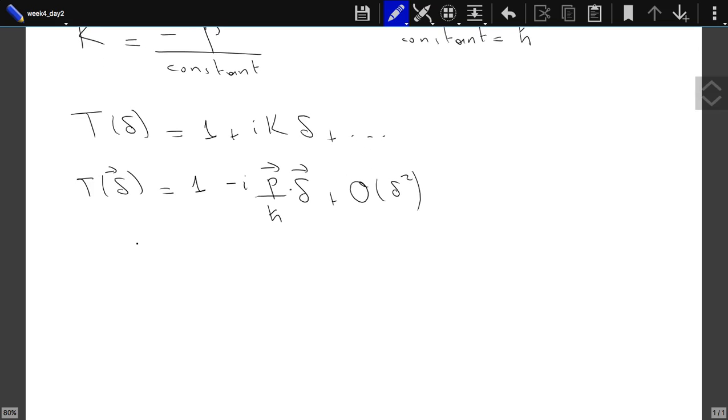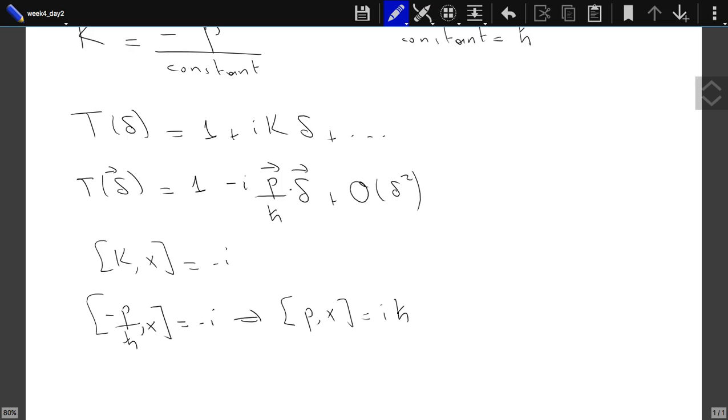Now we had already derived that the commutator of K and X should be minus i. This is what we had derived on Monday. And here K is just minus P over h bar. So the commutator of P and X should be i times h bar.